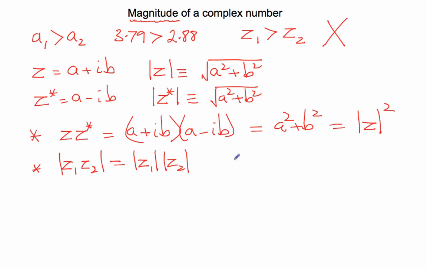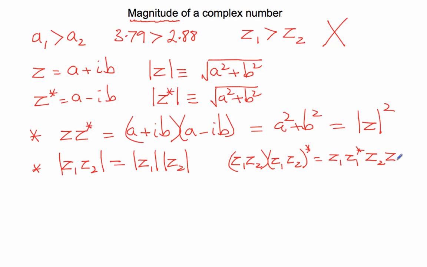And that's actually very easy to prove, because if I have z1 z2, and I multiply it by its complex conjugate, so z1 z2 star, well, that's the same as z1 z1 star into z2 z2 star. That's because when you take the complex conjugate of z1 into z2, that's z1 star, z2 star.